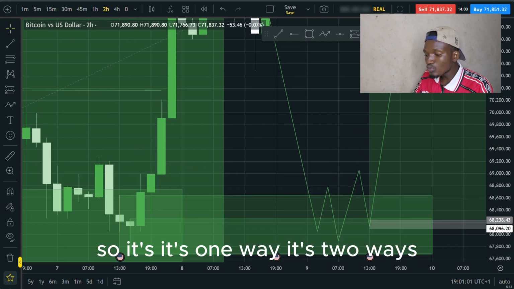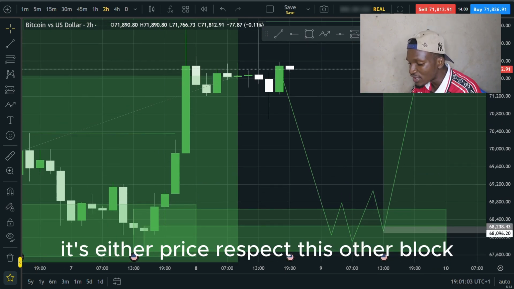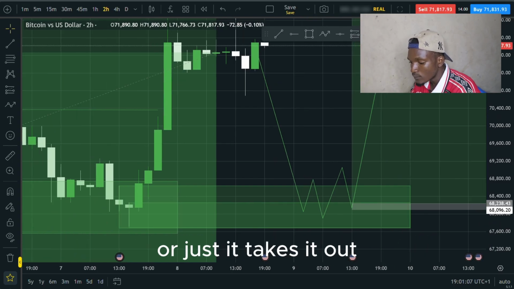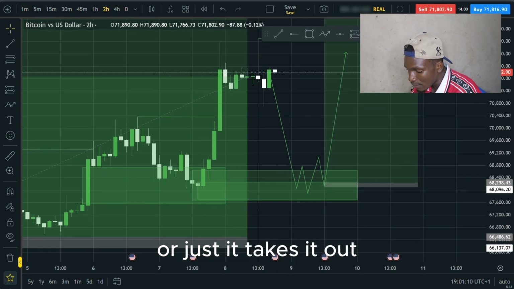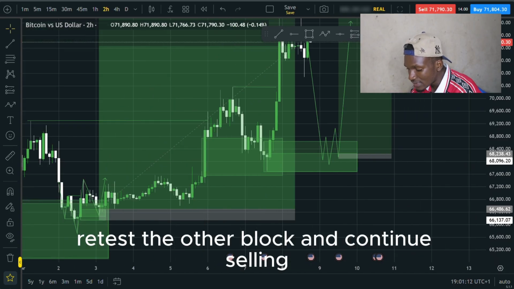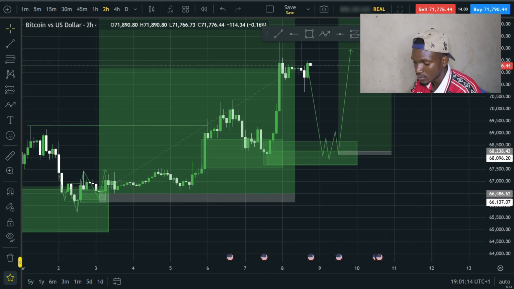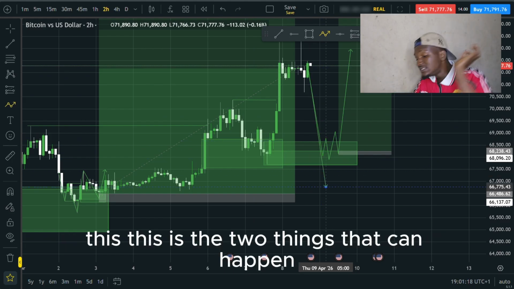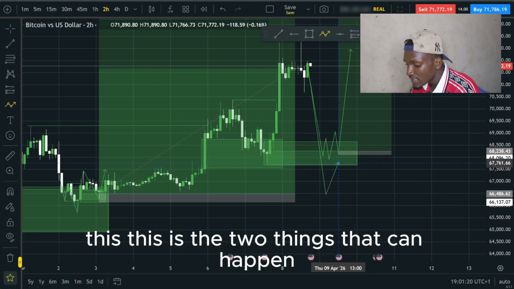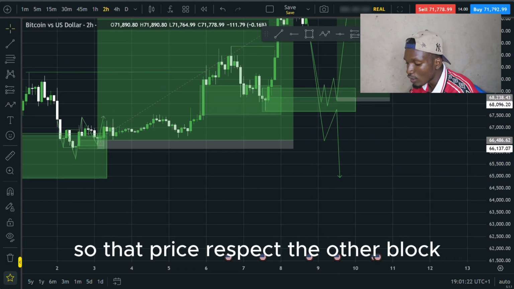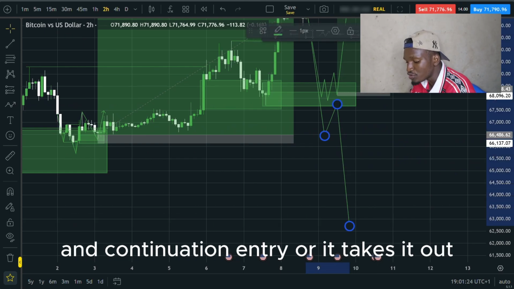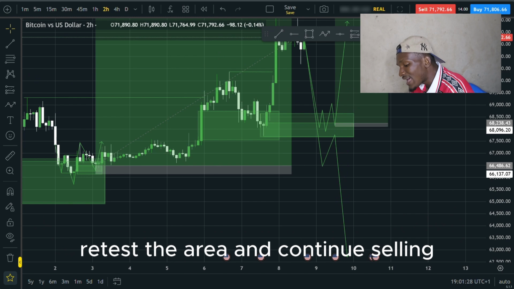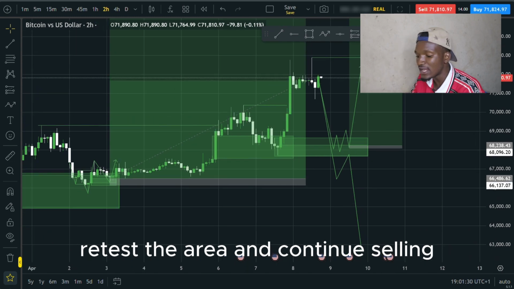So it's two ways. Is it that price respects this order block, or it just takes it out, retests the order block and continues selling?